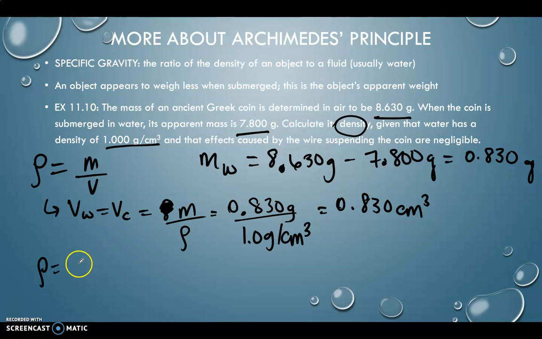So we can find our density based on this information. It's going to be the mass divided by the volume of the coin.